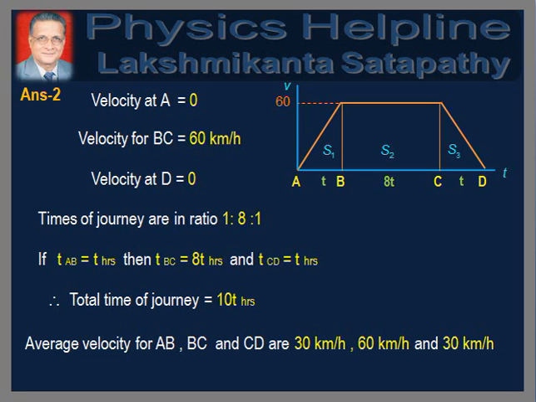Therefore, the total time of journey is equal to 10t hours. Average velocities for AB and CD are each equal to 30 km per hour. The train moves with uniform velocity from B to C. Therefore, the average velocity for BC is equal to 60 km per hour.